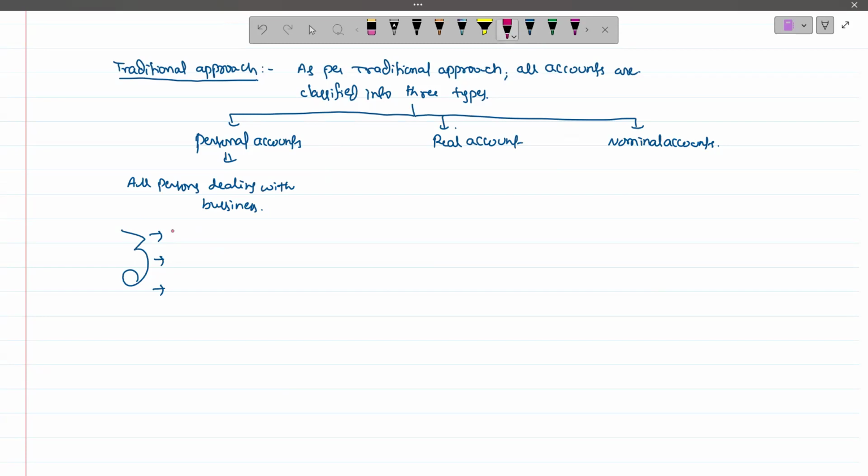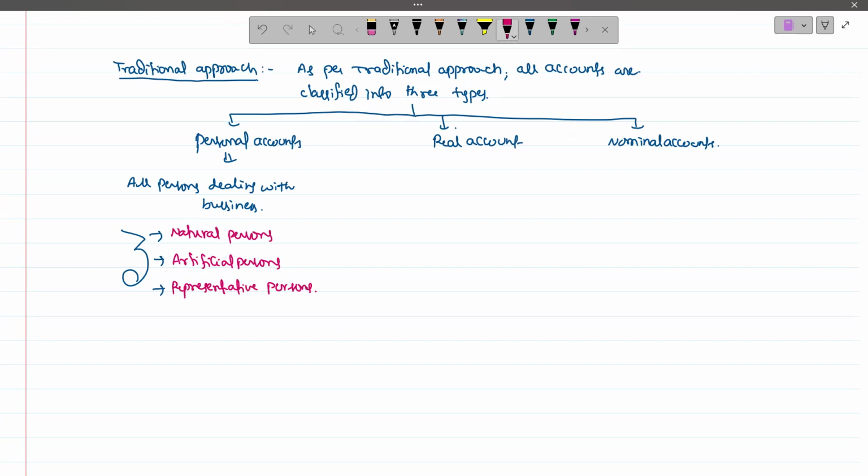One is the natural persons, another one is artificial persons, and another one is representative persons.